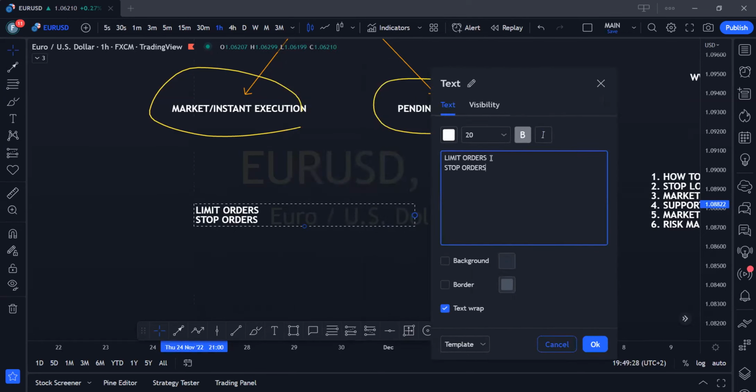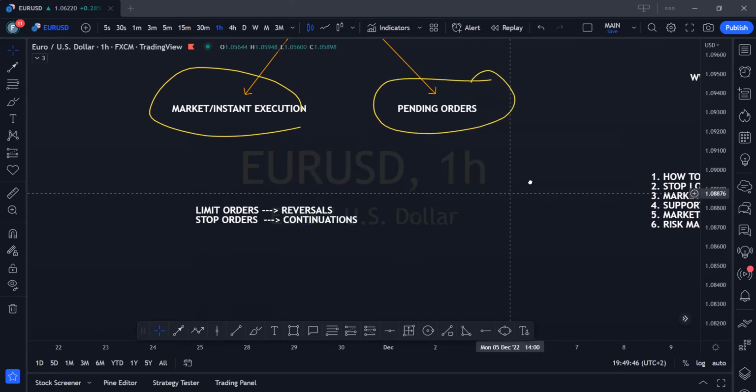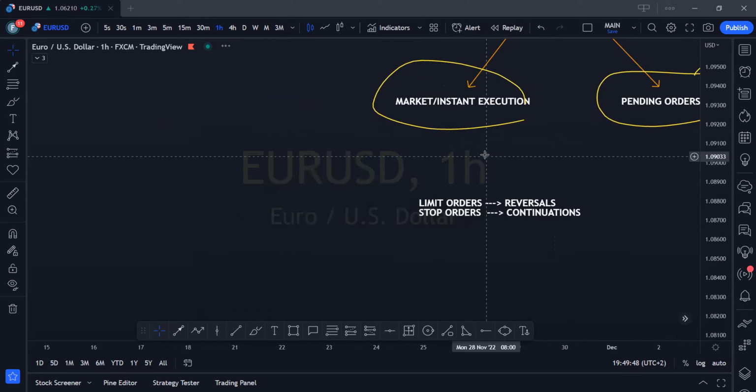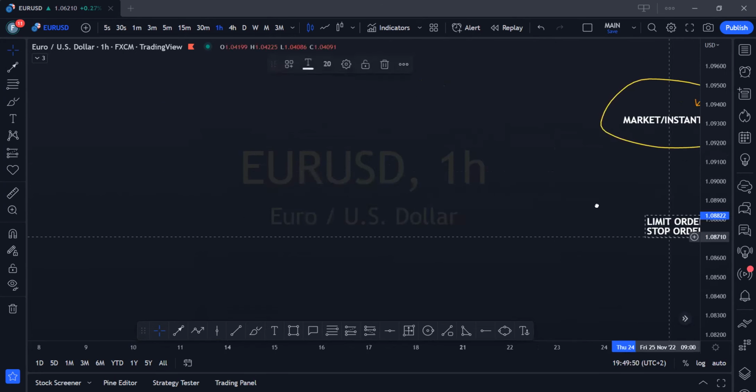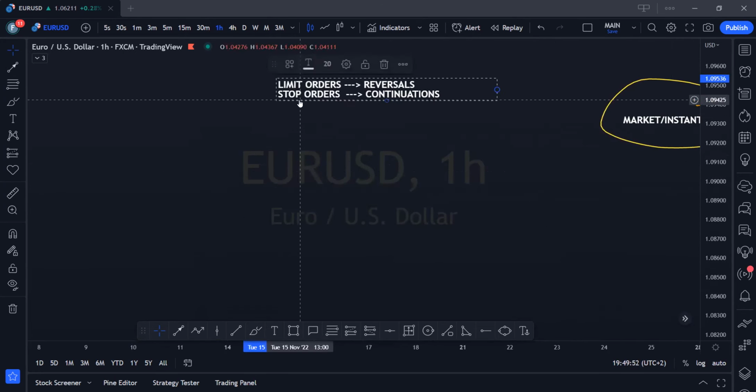Limit orders have to do with when you want to trade reversals, enter reversals. Stop orders, you want to trade continuations. It will make sense to you now, okay? All right, so let's break these categories down. So we have limit orders and then stop orders.